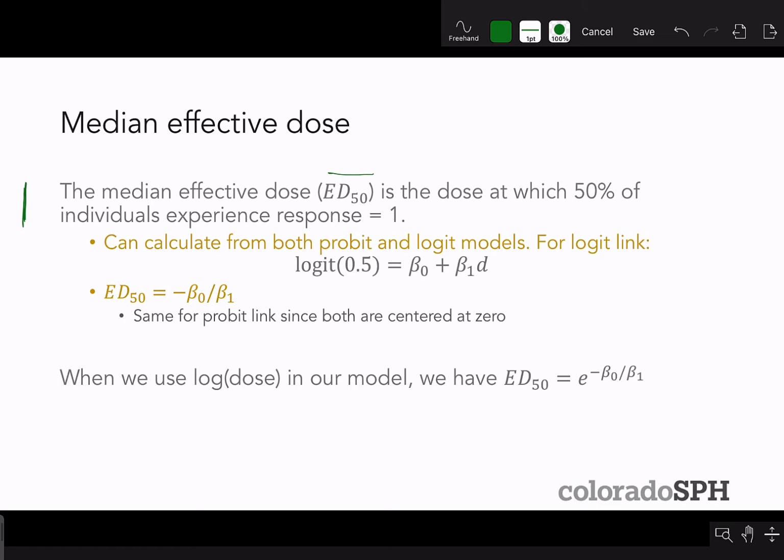For the logit link, the way you calculate this, you plug in p equals 0.5 to your model, and your ED50 is going to be negative beta 0 divided by beta 1. And it's actually the same for the probit link since they're both centered at 0.